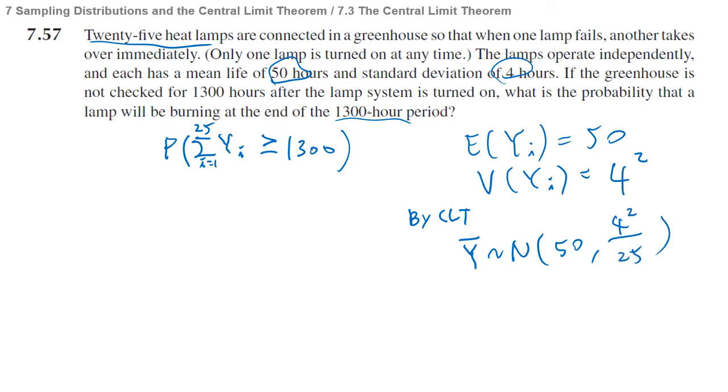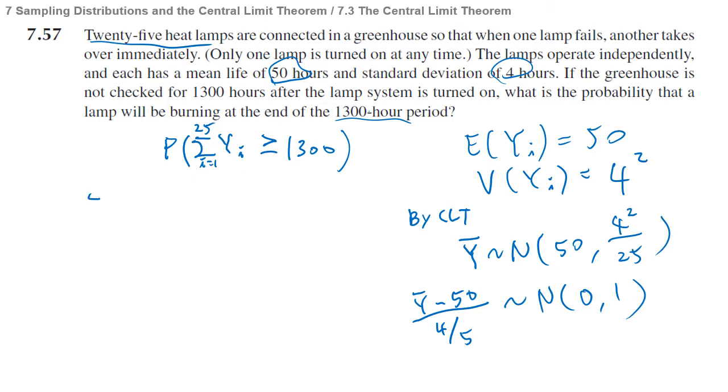And so what we know is y bar minus 50 divided by 4/5 follows a normal distribution 0, 1. Okay, so what are we going to do here?